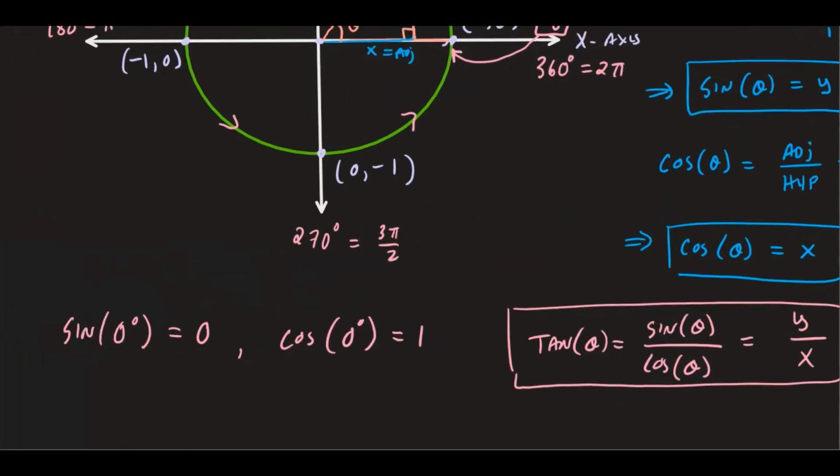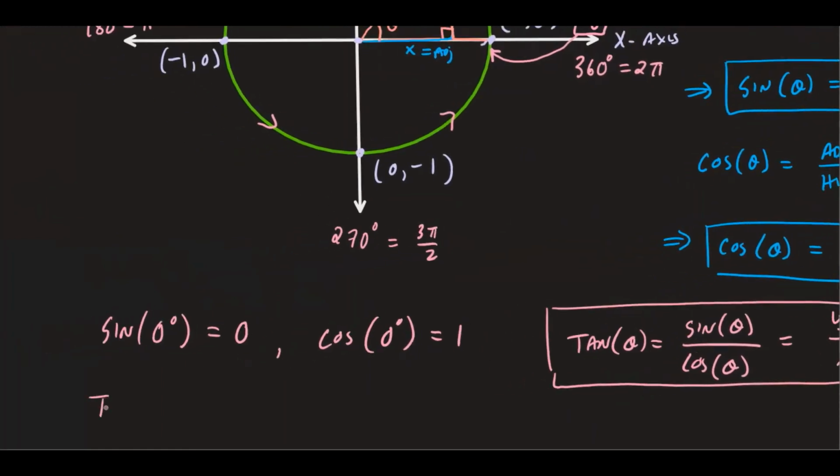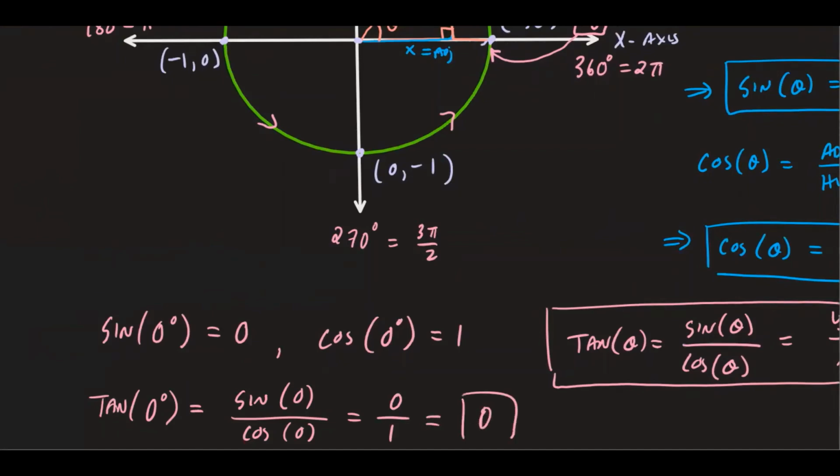So if I want to find tangent of 0 degrees, well, that will simply be sine of 0 over cosine of 0. Sorry, sine of 0 is 0. Cosine of 0 is 1, which means tangent of 0 degrees is 0.